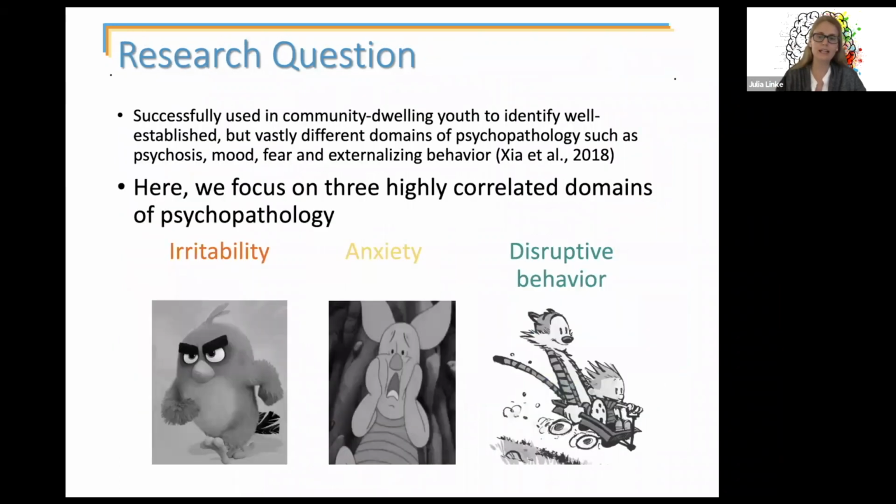Now, in the past, this technique has been successfully used in community dwelling youths to identify well-established but relatively different domains of psychopathology. And in this study, I focus on treatment-seeking youths and three common but highly correlated domains of psychopathology that are irritability, defined as an increased proneness to anger, anxiety, and disruptive behavior.